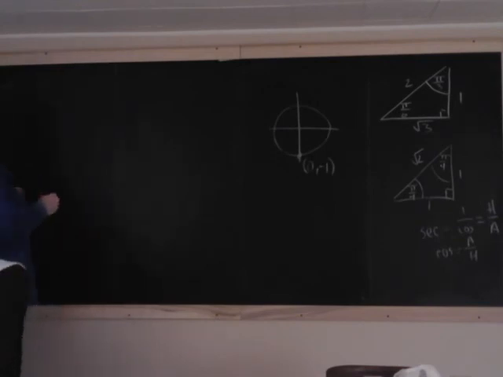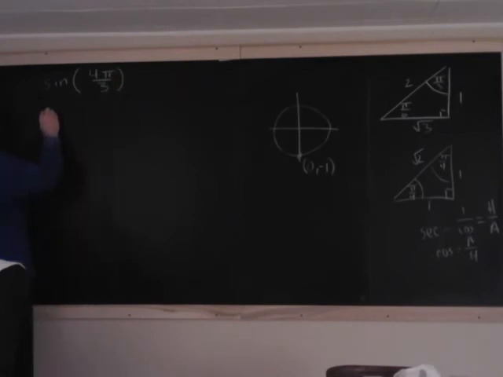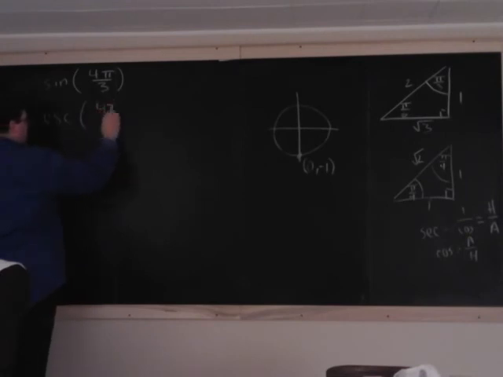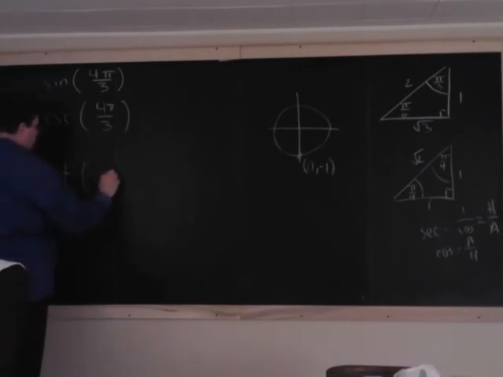Let's do sine of 4 pi over 3. Let's do cosecant of 4 pi over 3. And let's do cotangent of negative pi over 2.